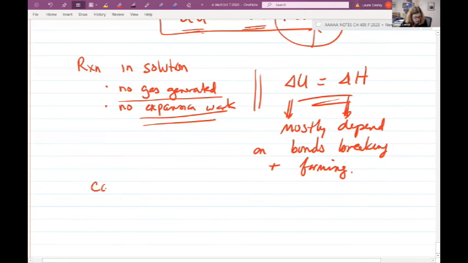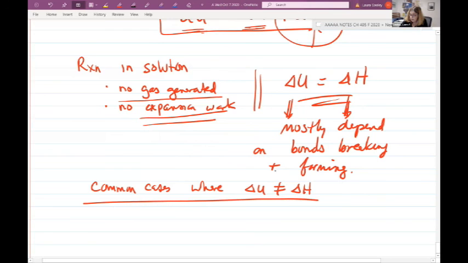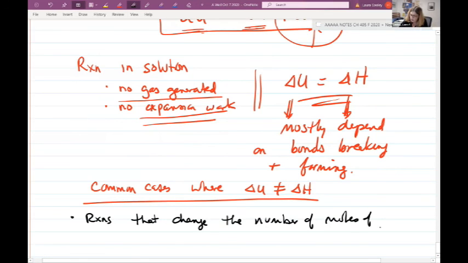So some common cases where delta U does not equal delta H generally involve gases, so reactions that change the number of moles of gas from the reactant side to the product side.